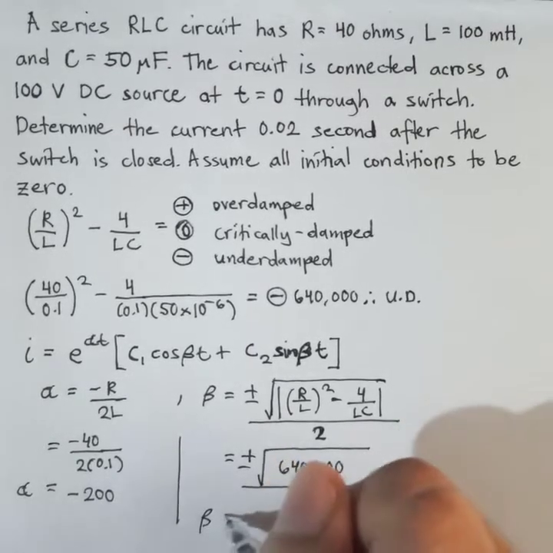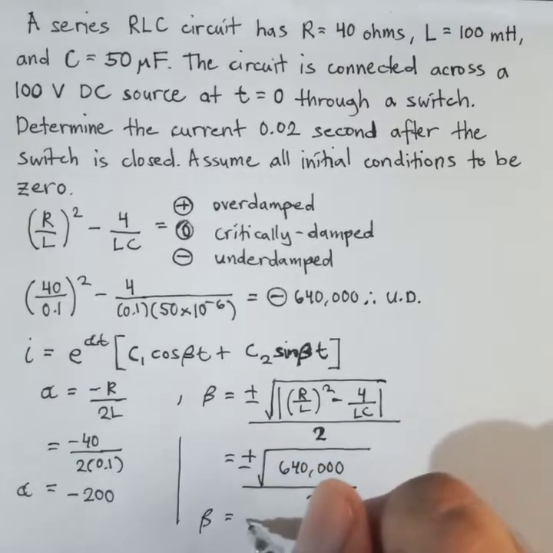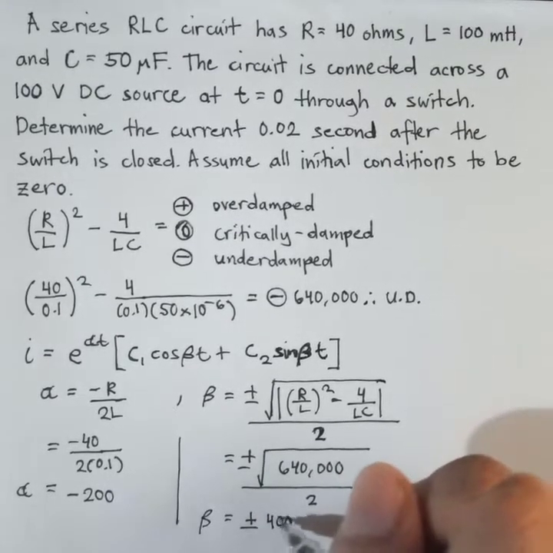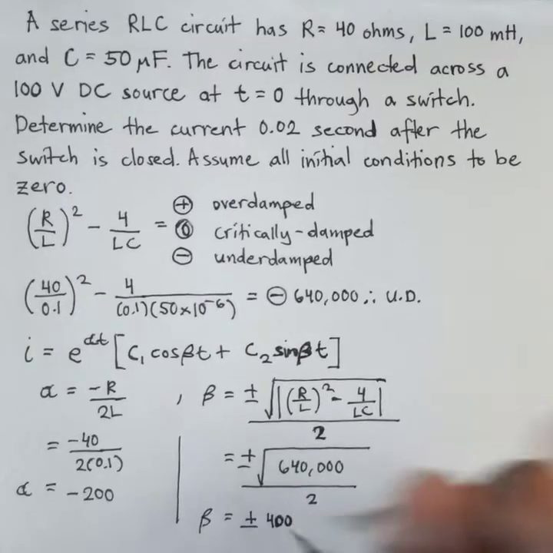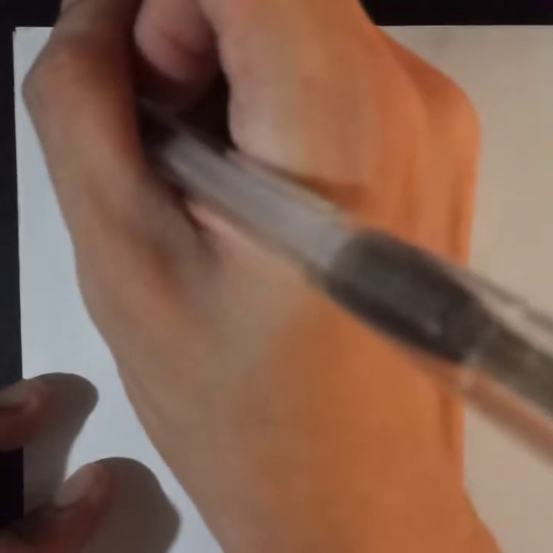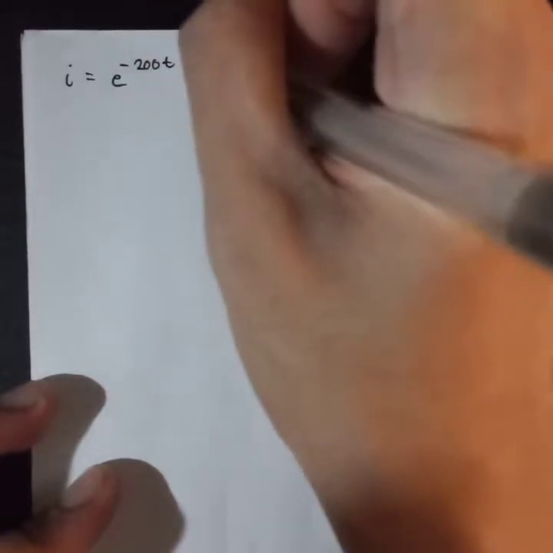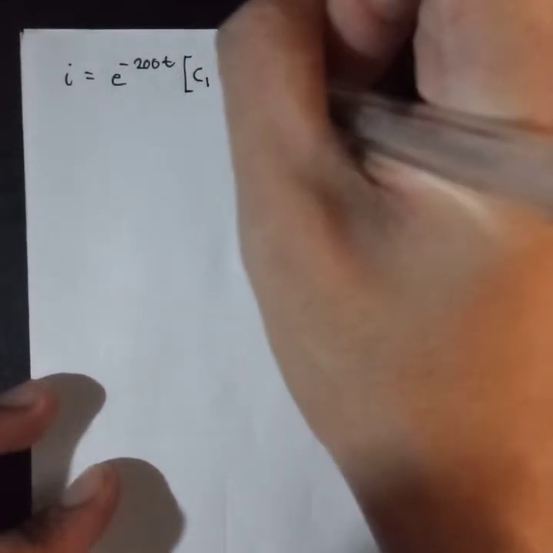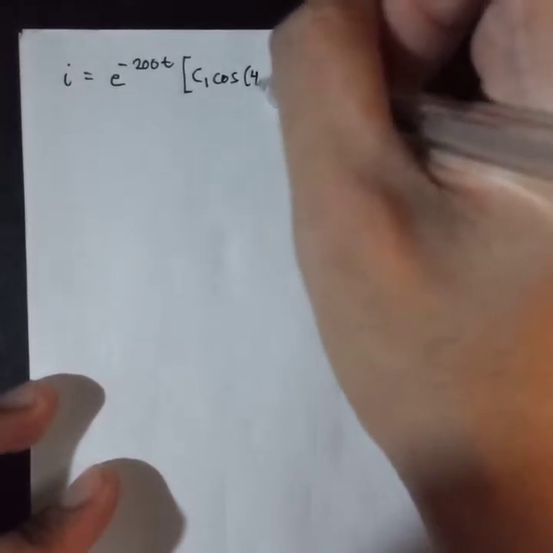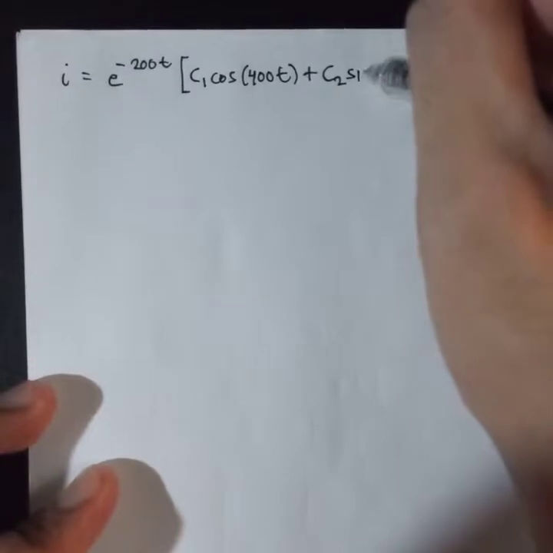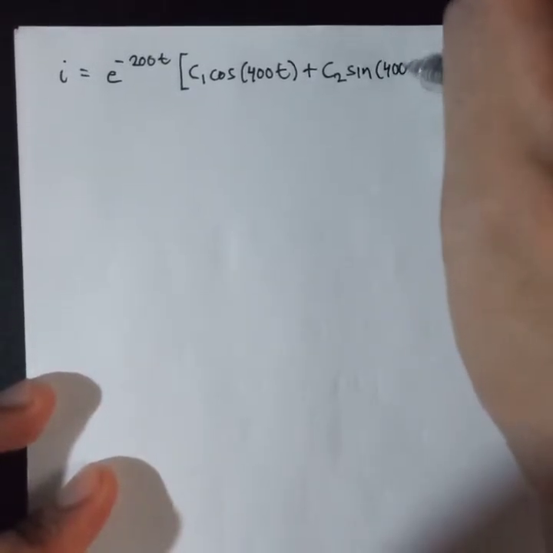Therefore, beta is equal to positive or negative 400. Plugging those solutions in our first working equation, we get i is equal to e raised to negative 200t times c sub 1 cosine of 400t plus c sub 2 sine of 400t.